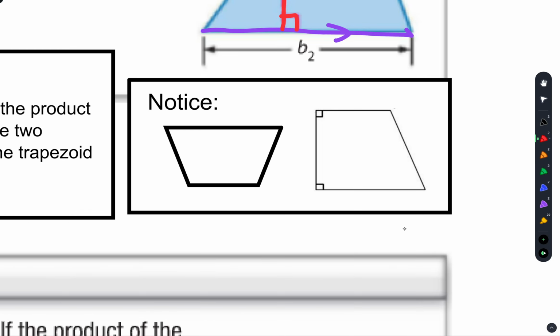Notice, a lot of the times our height in a trapezoid is going to be on the inside. This is very, very common where we have something that looks like this. Other times our height might look a little bit weird. Again, we're looking at where are the two bases that are parallel.